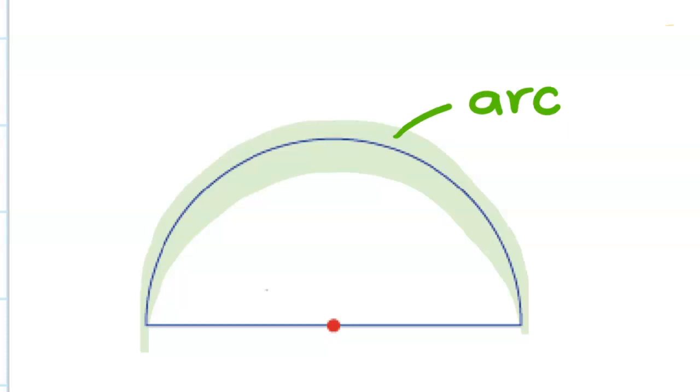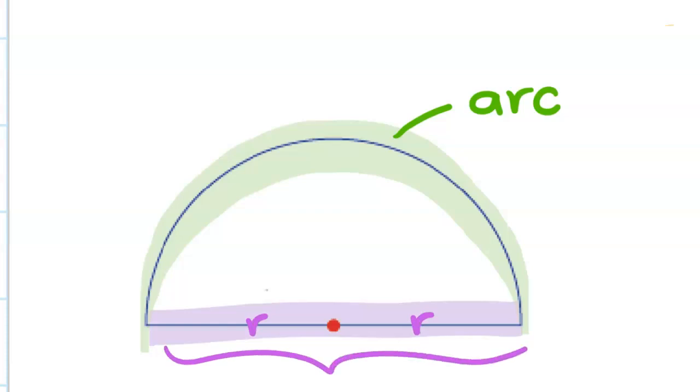It's a portion of a circle here. And then we have this flat portion here. Now this flat portion, we could call it the diameter, which would be correct, but I notice it's also 2 lots of the radius. So this distance here is 2 lots of the radius.